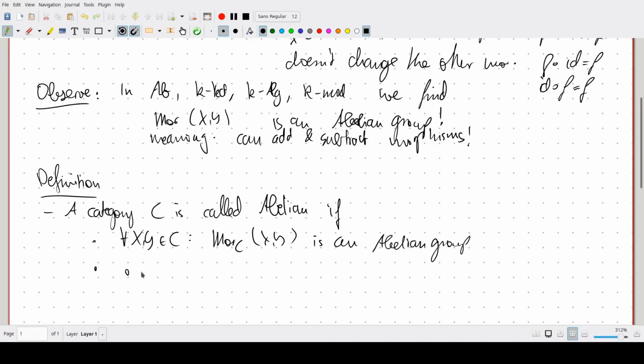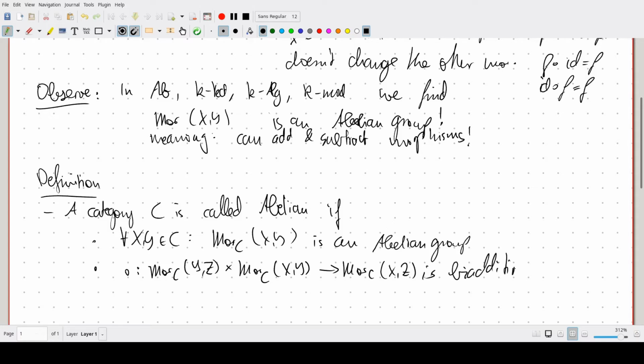And if the composition from morphisms from y to z times morphisms from x to y to morphisms from x to z is biadditive, which is a bit like bilinear, except just for abelian groups.